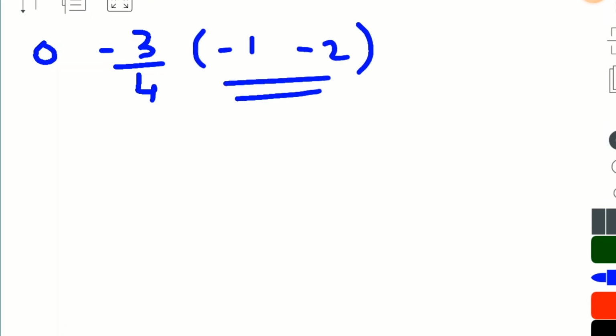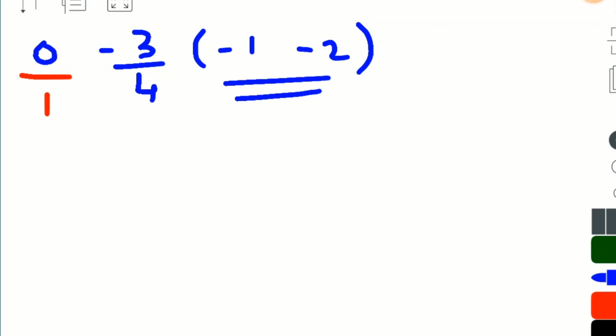0 and minus 3 upon 4. Now here the question is 0. So we will check first how many numbers are there between 0 and minus 3. There is only minus 1 and minus 2. Only two numbers are there. So we will increase this fraction. If 0 doesn't have any denominator, we will consider it as 1.